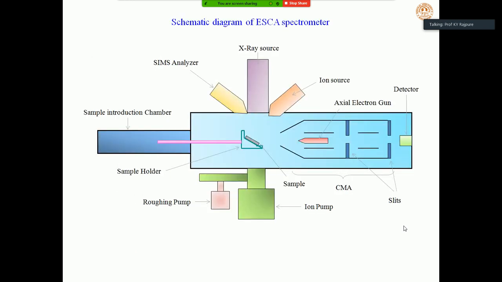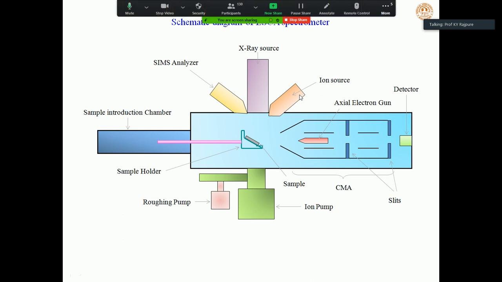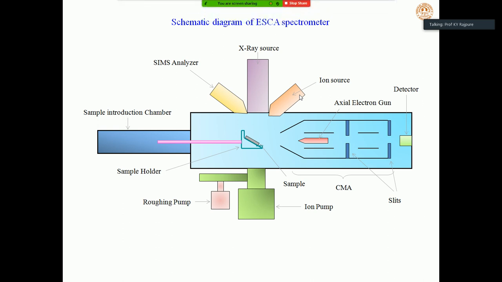So what must be the components of the ESCA or XPS spectrometer? It would be, of course, the sample, its holder, and the stage for insertion of the sample. An X-ray source is a must. You need an ion source for cleaning the surface of the sample, or removing layer by layer for doing depth analysis.